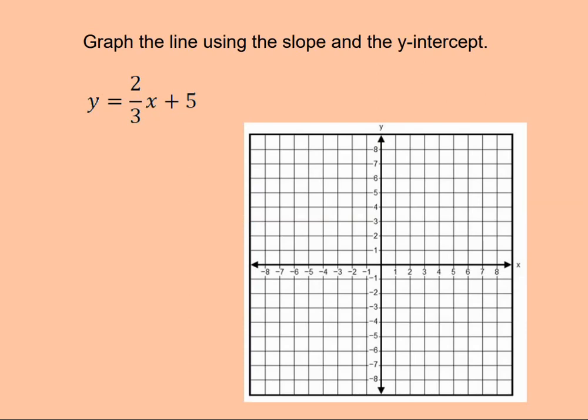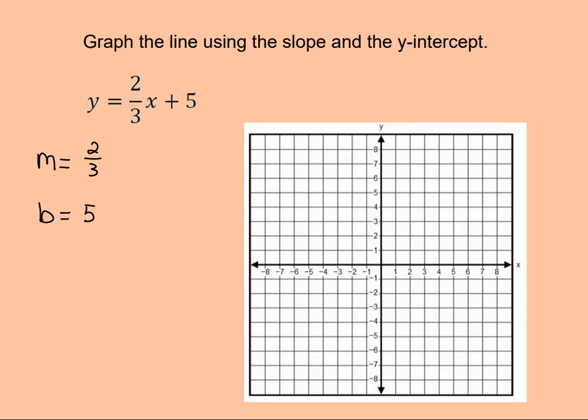Now that we know how to get the slope and the y-intercept of a line, let's use that information to graph our equation. This equation is in slope-intercept form, so let's pull out our slope and our y-intercept. The slope of this equation is 2 over 3, and the y-intercept is a positive 5.